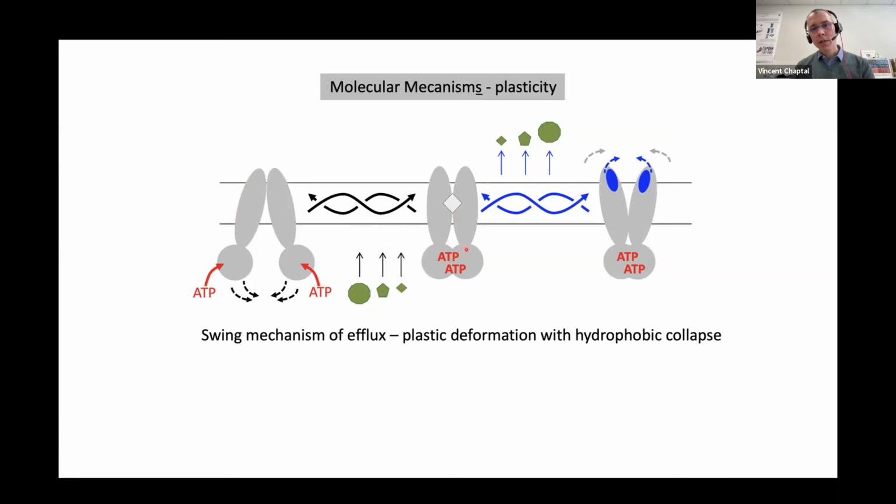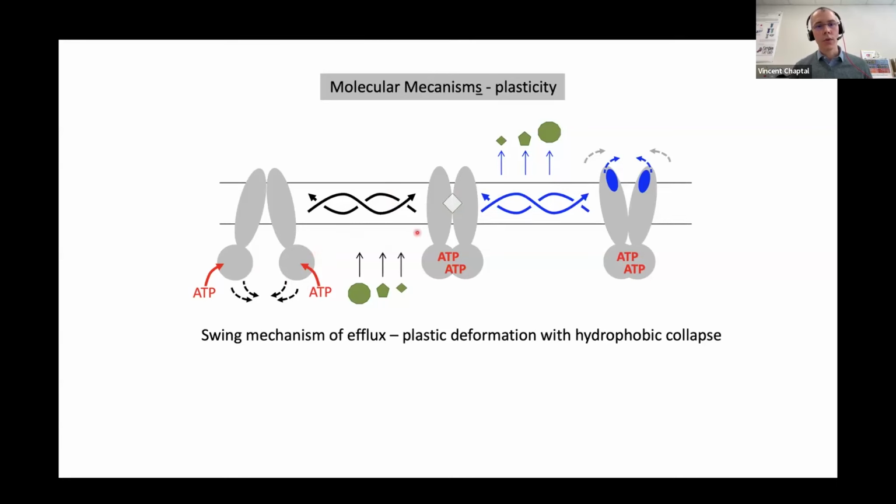Then the plasticity shifts to the outward-facing part of the structure, where the helix is deformed to be able to release the substrate, and then the hydrophobicity of the cavity recloses it to go to the occluded conformation. ATP hydrolysis occurs only after, to reset to the inward-facing conformation. So that was the starting hypothesis that I want to go into detail about now.